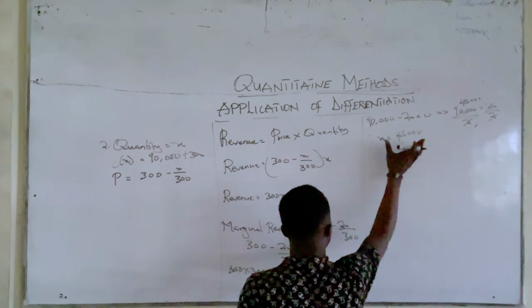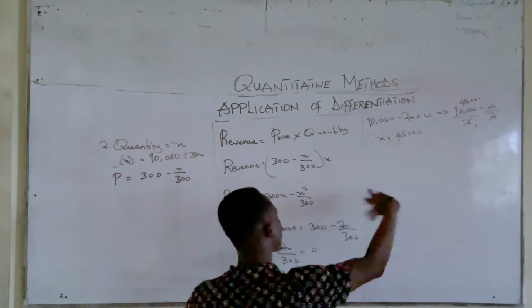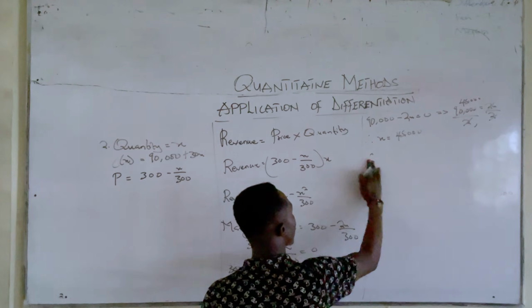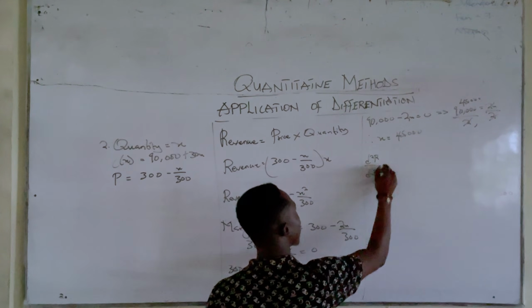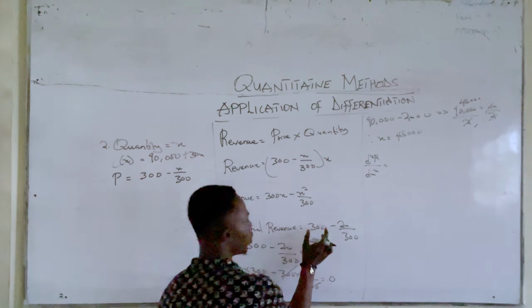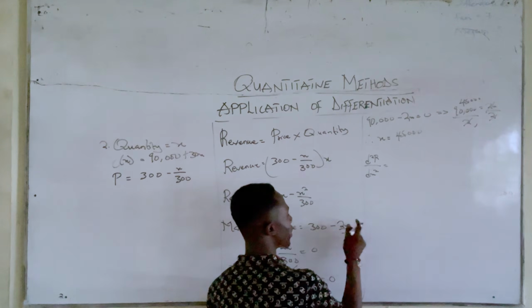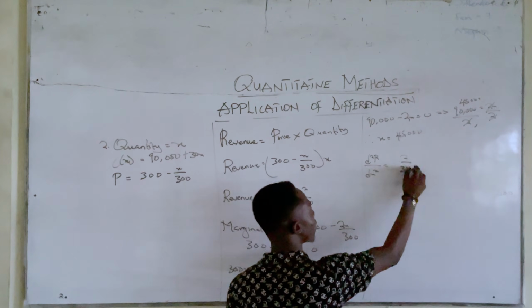So after getting the stationary point or the value of x, you have to differentiate it again. That is the d squared R over dx squared. So you have to differentiate the marginal revenue function again. You differentiate this, giving you 0. You differentiate this to get what? Negative 2 over 300, right?